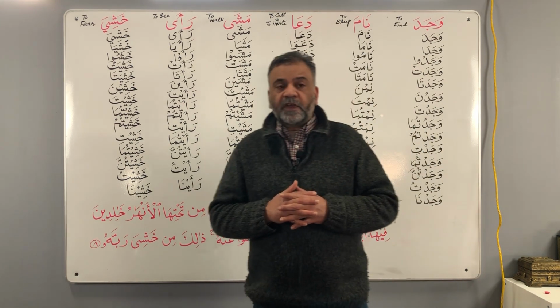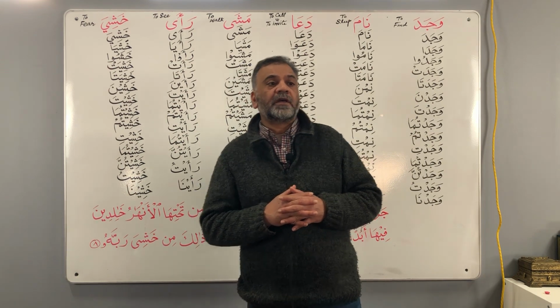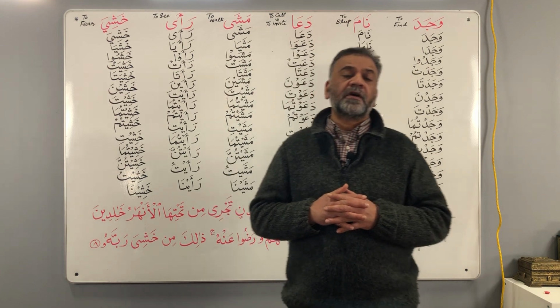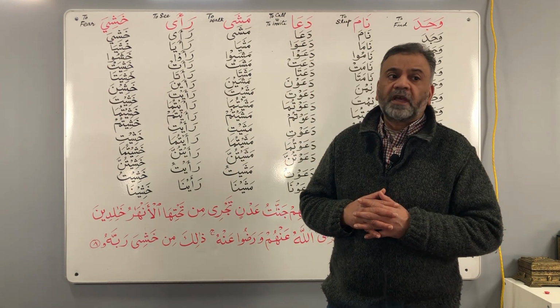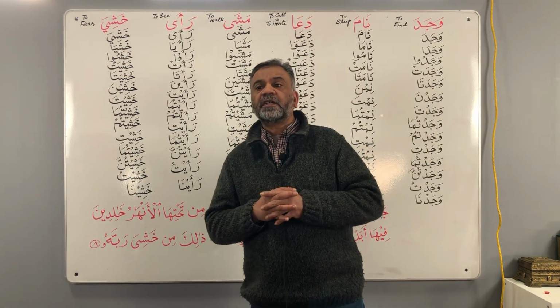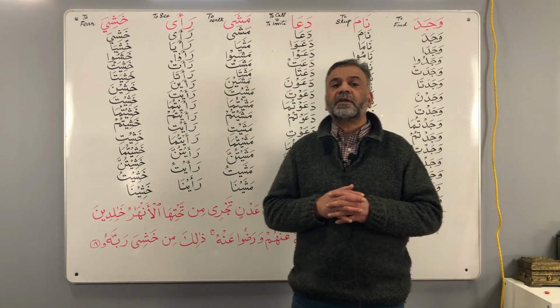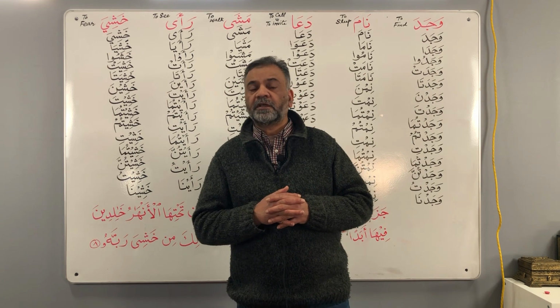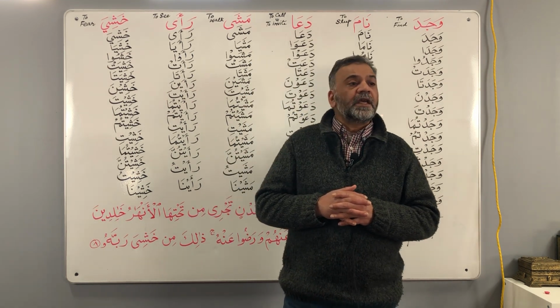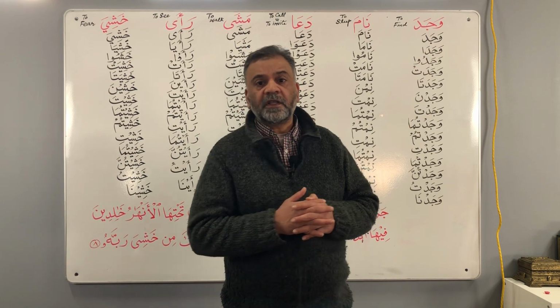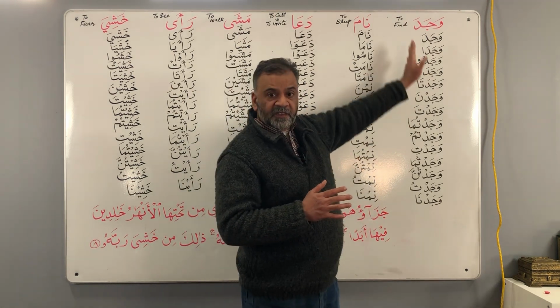When it comes to the weak verb, the verb has 3 letters in it: fa kalima, ain kalima and lam kalima, right. If the weakness is on the fa kalima, then we call it al misal.